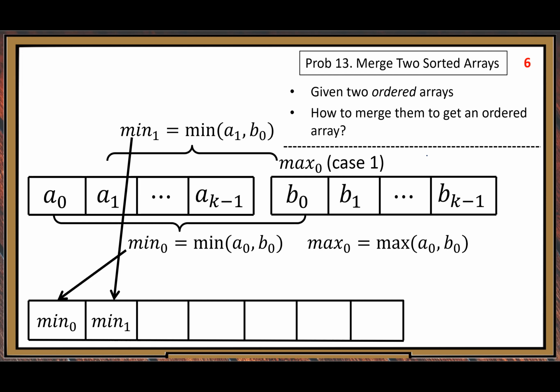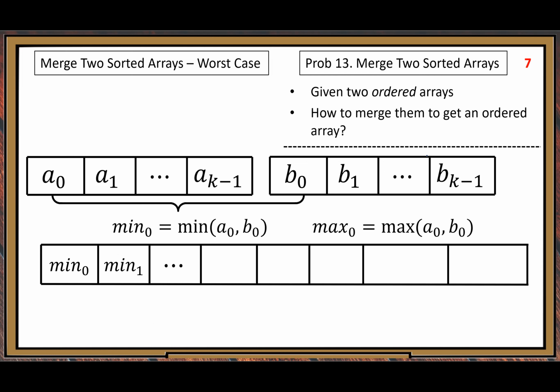But min 1 could be B0, right? Whatever it is, if min 1 is B0, then max 1 will be A1. So the next time we need to compare A1 and B1, and so on. We do this until we reach the end of the array.